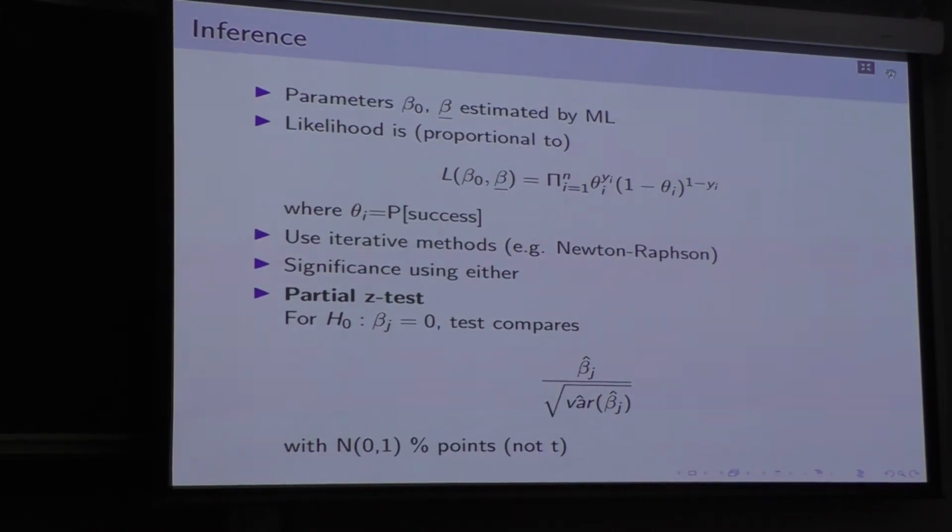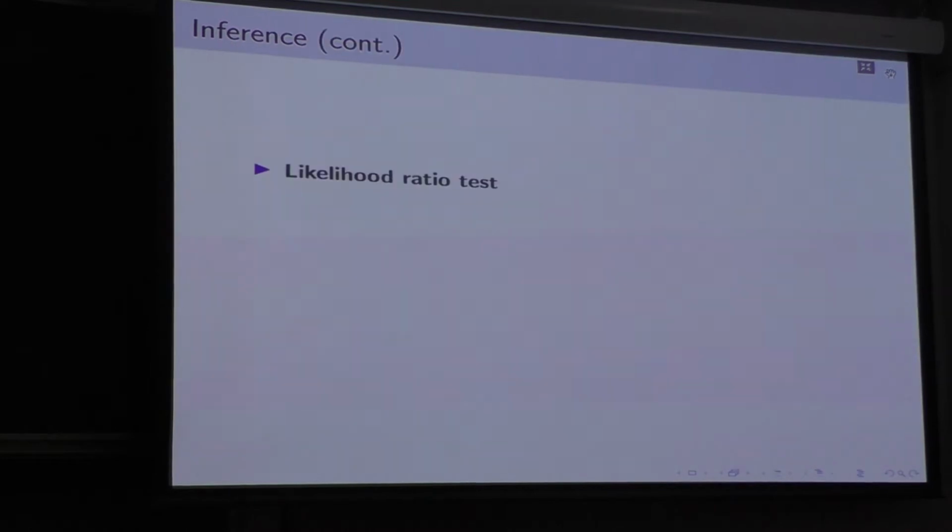Okay, that's one way you can do it, which is called the partial Z test. It's called partial because there can be issues in unbalanced data about which order you put the variables in, and you're looking at this one on its own. Sometimes you're conditioning, sometimes you're not, and that sort of thing.